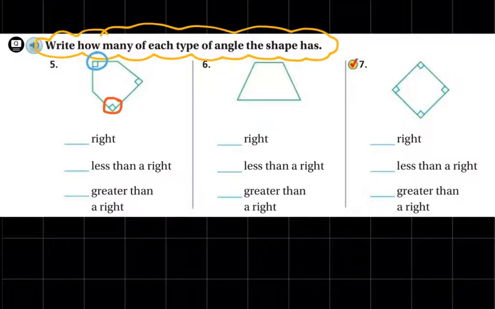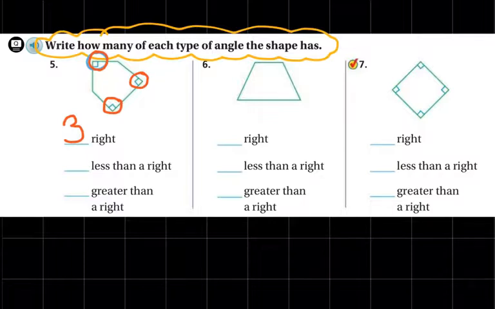So in this case, we have 3 circles. I'm circling 3 little squares that they've drawn. Those indicate right angles. We have 3 right angles. Now they want to know how many angles are less than right. Those would be a cute little angle.